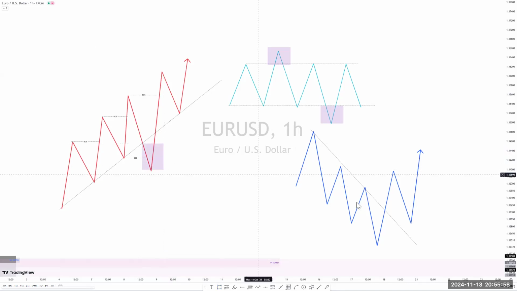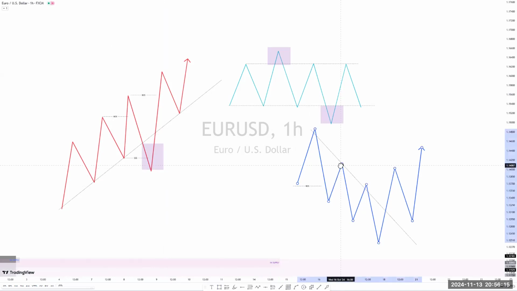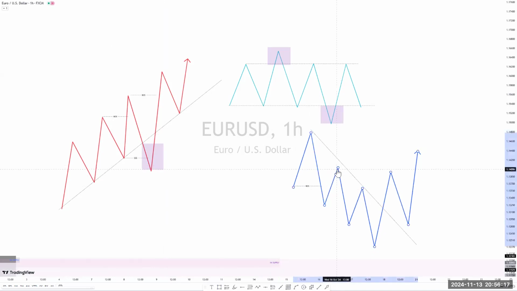Now for the downward direction, you may see that price is creating lower high, lower low, lower high, lower low, and price has been breaking structure to the downward direction.